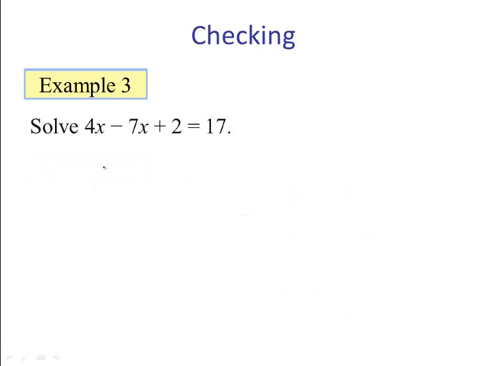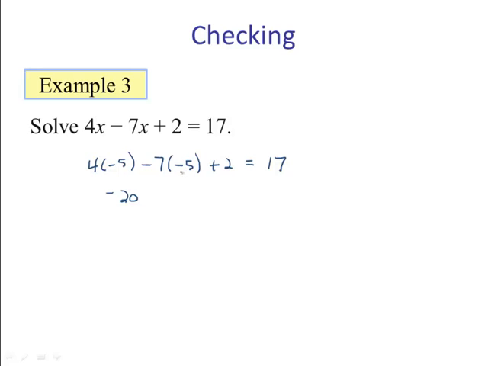To check this, everywhere we see an x, we're going to substitute negative 5. And what we hope is the left hand side equals the right hand side. The right hand side is 17. So here we have 4 times negative 5, which is negative 20.